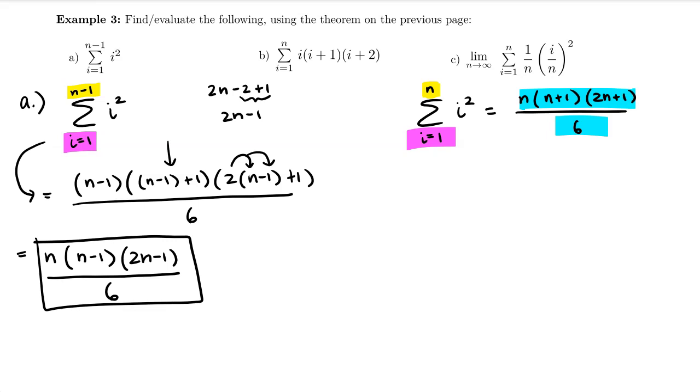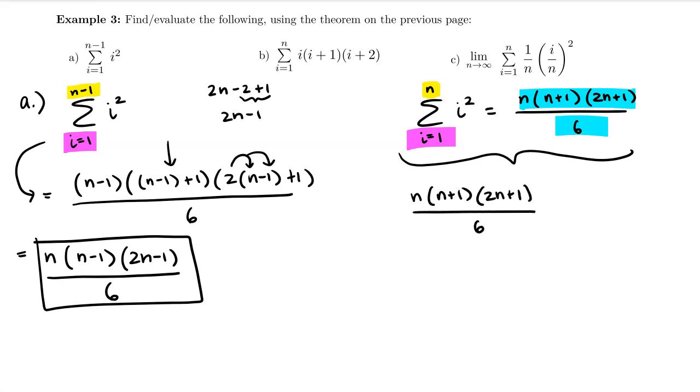Now, another thing that we could have done is, if our summation had an upper index of n, we would have had n times n plus 1 times 2n plus 1 all over 6. But we really don't have the last term of that summation, since in reality our upper index is n minus 1.